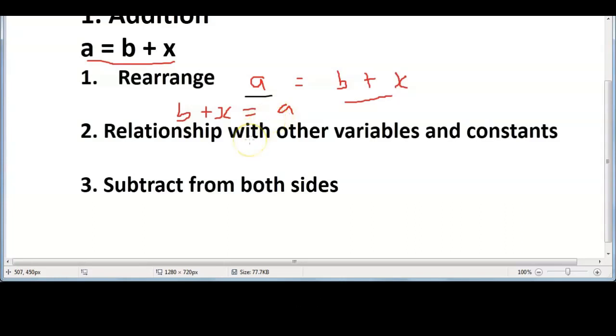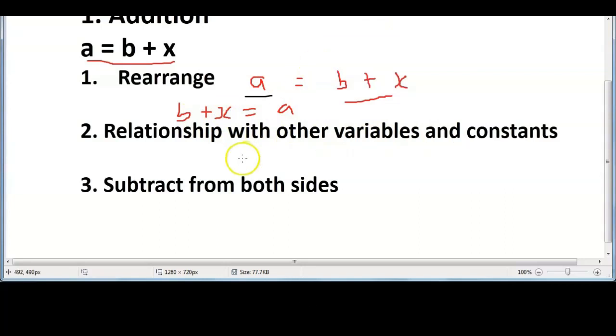Next, we find the relationship of the variable in question, which is B, the one we want to make the subject of the formula. Find its relation with other variables and constants in that expression.